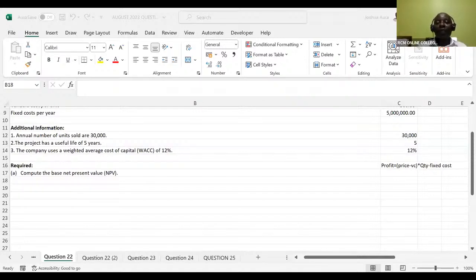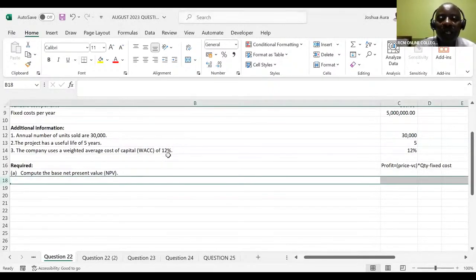Control and Shift. You're holding both of them at the same time, and then you say equals. Now listen, please be very keen here.